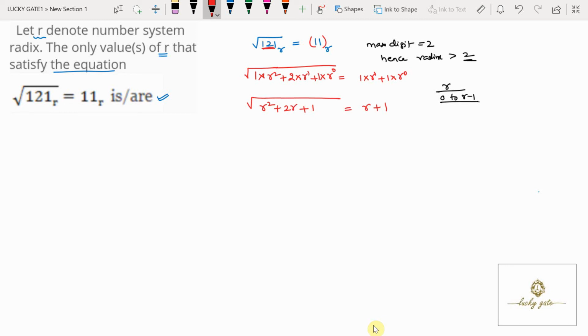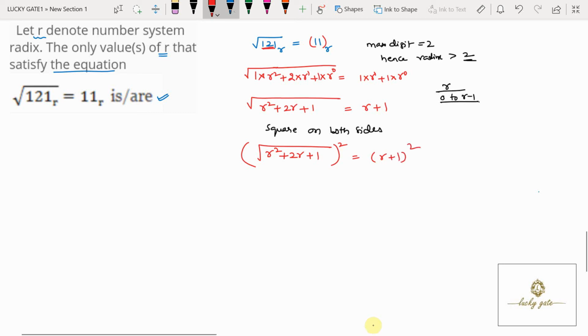Because a square root is given, I suggest squaring both sides. If you square both sides, R square plus 2R plus 1 is under the root, and you perform the whole square on R plus 1. As you know, the square and square root cancel, so the simplified equation is R square plus 2R plus 1 equals R plus 1 whole square, which is R square plus 2R plus 1.